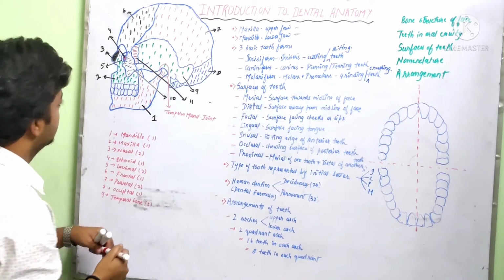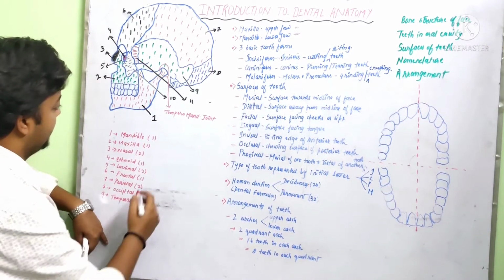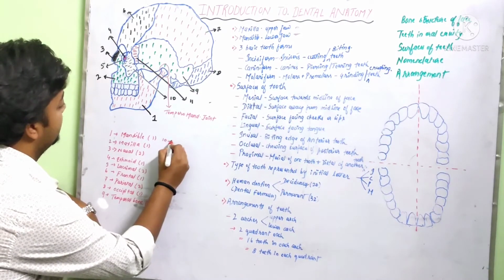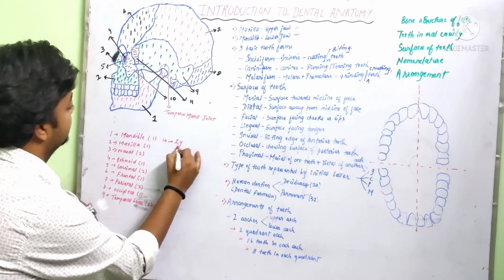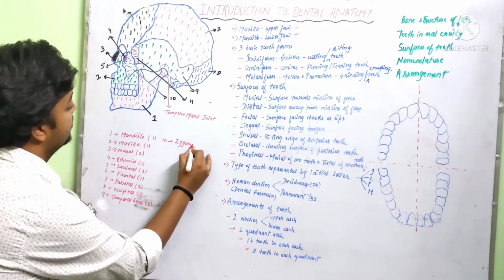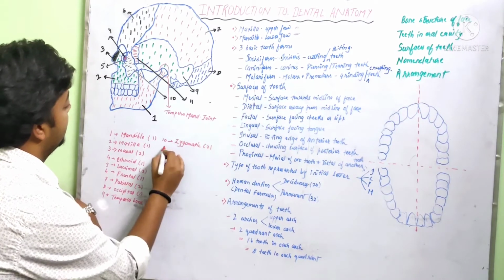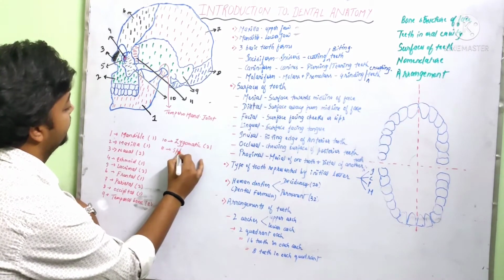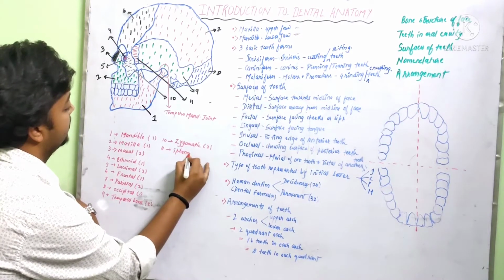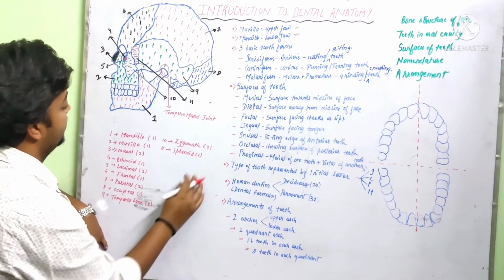So 9 is the temporal bone, and 10 that we have here is the zygomatic, and this forms the cheeks. Zygomatic is also a paired structure. And 11 we have is the sphenoid, that is the midline bone. These are 1 in number.